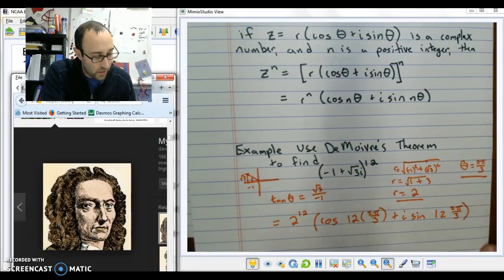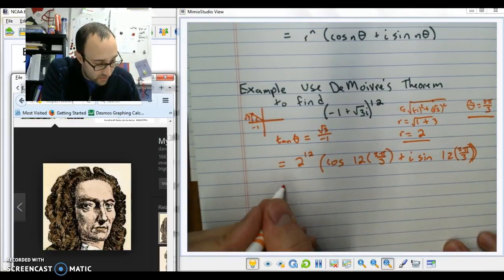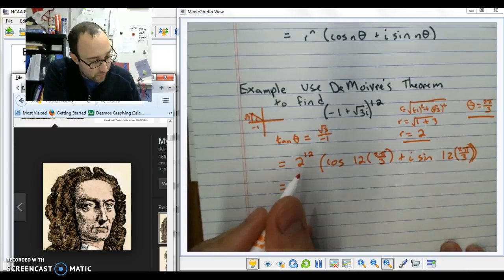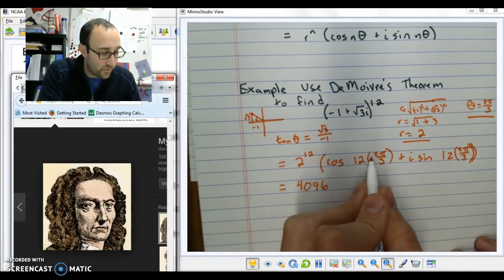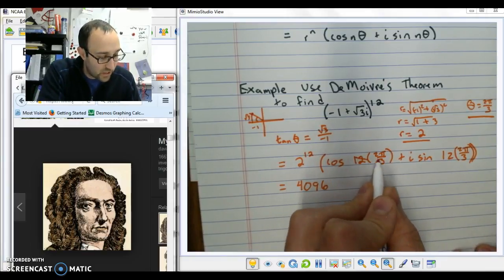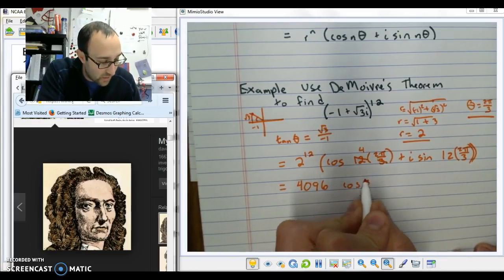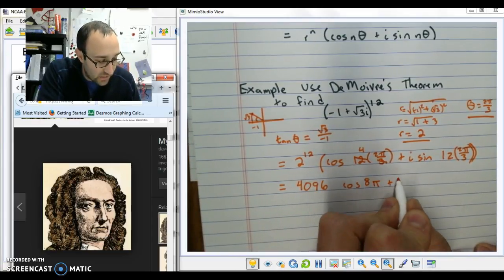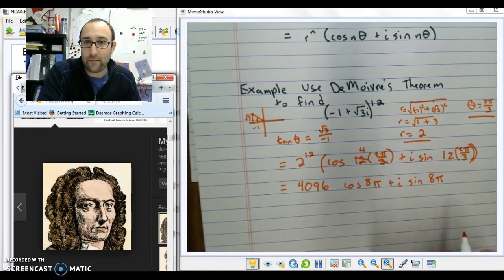Since I put that one in parentheses, I put this one in parentheses, and now we'll just keep on going. 2 to the 12th power, I'm sure you can evaluate that, and what you get is 4,096. Cosine of 12 times 2 pi over 3: the 12 and the 3 cancel out to be a 4, so it's really cosine of 8 pi plus i sine of 8 pi.